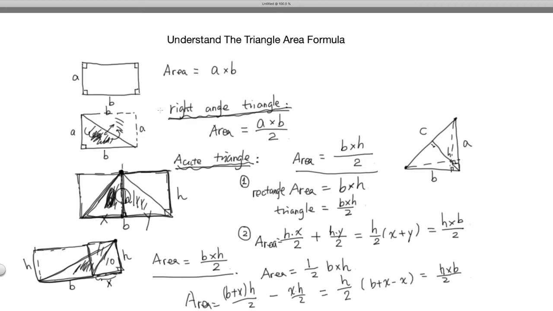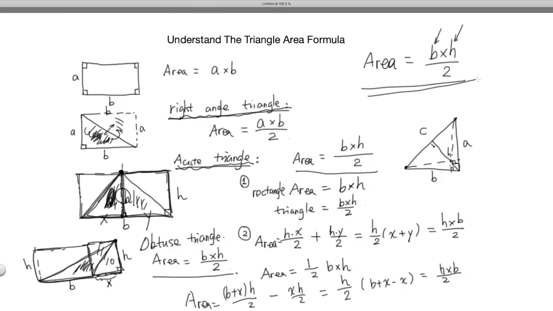So for all the three cases, right-angle triangle, acute triangle, and obtuse triangle, the formula equals b times h divided by 2. Taking a base, taking a height, the product of base times height divided by 2. And this is the formula for the triangle area.